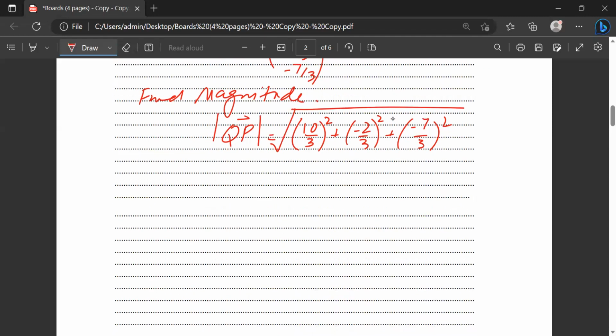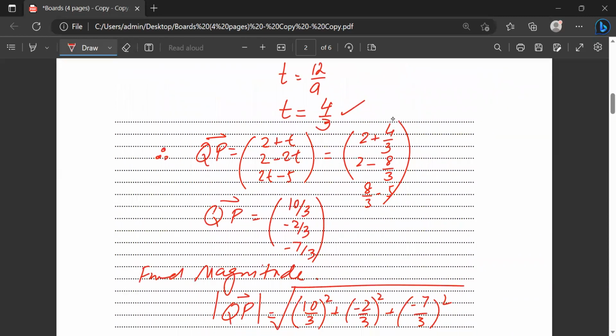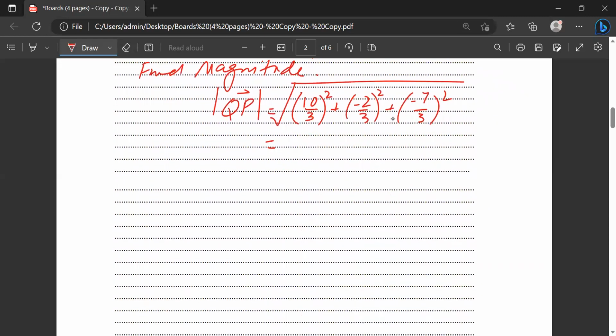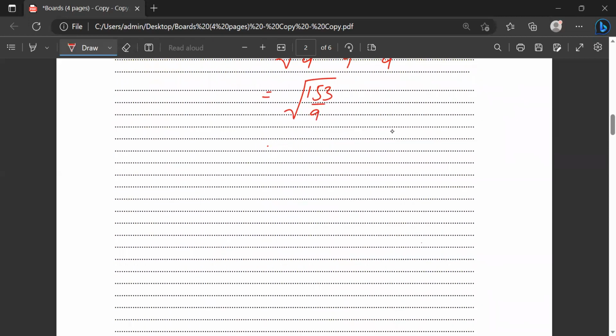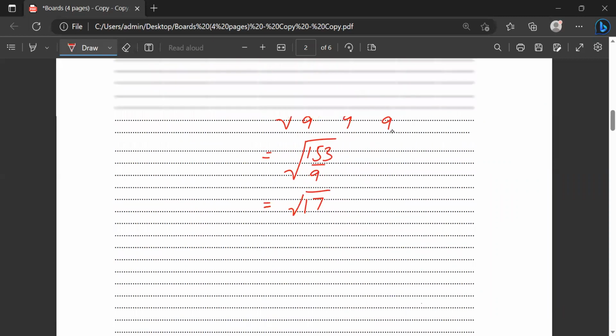So we have the first one is 100 over 9, then 4 over 9, 49 over 9, which sums to 153 over 9. And next, 9 times 17 is 153, so we get root 17.